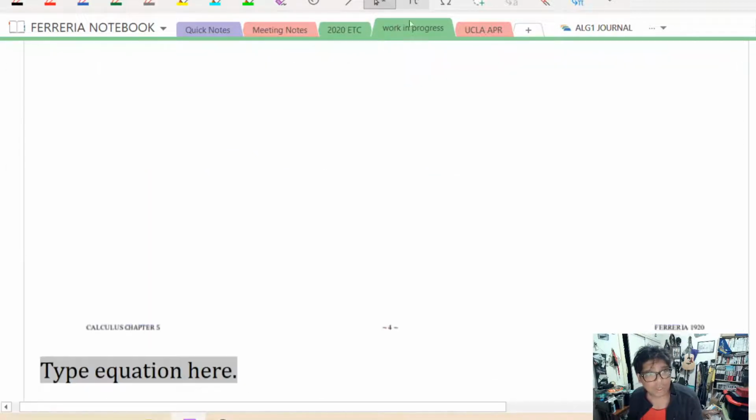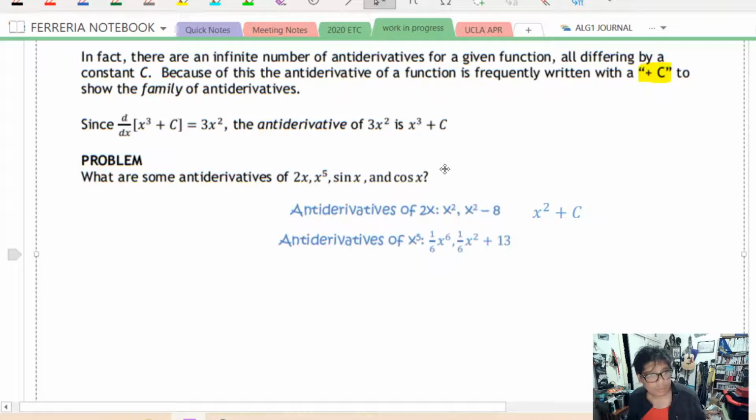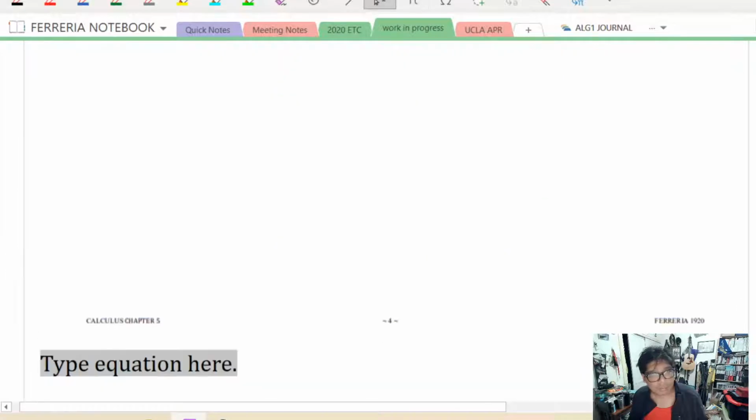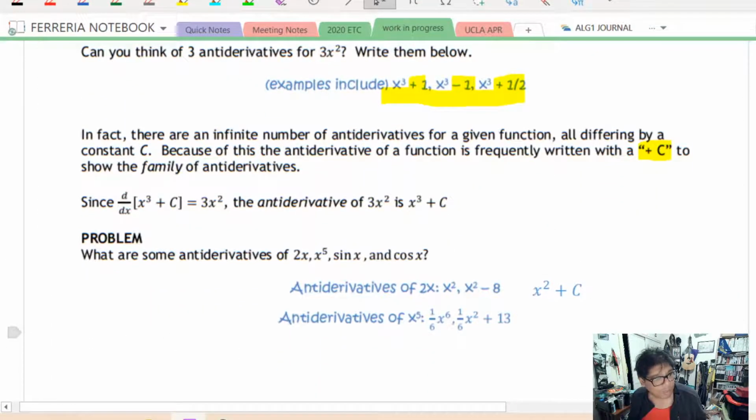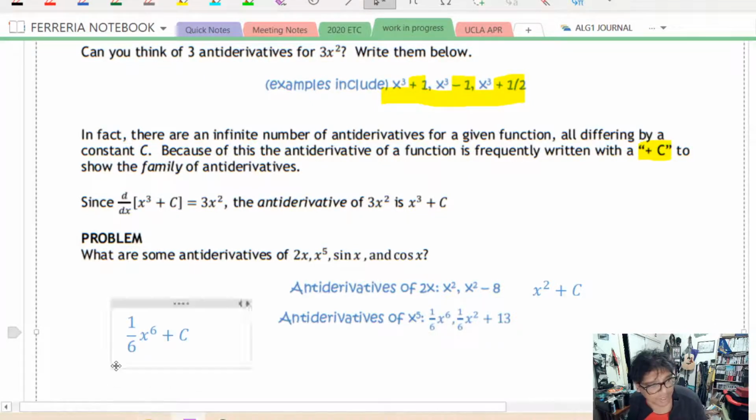And if you wanted to use that plus c notation, you could just write 1/6 x to the 6th power plus a constant.